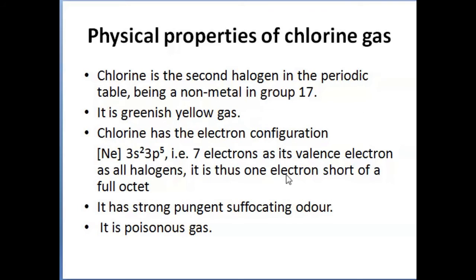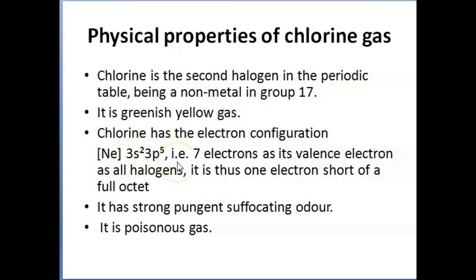Next, when we talk about the physical properties of chlorine gas, chlorine is the second halogen in the periodic table, being a non-metal in group 17, and it is a greenish yellow gas. Chlorine has the electronic configuration neon 3s2 3p5.